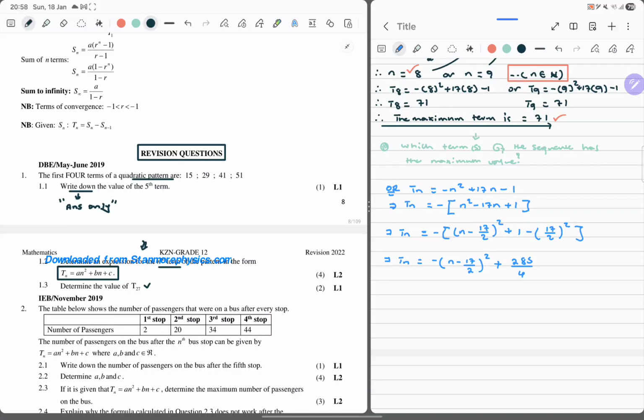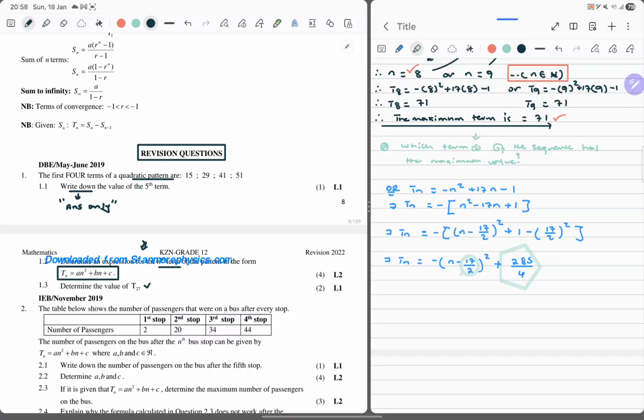Now, what would you do? Of course, a careless student would then say this is the maximum value. But now, you are not at liberty to do that, okay? You are not at liberty to do that because this would give us a term number that is not a natural number.